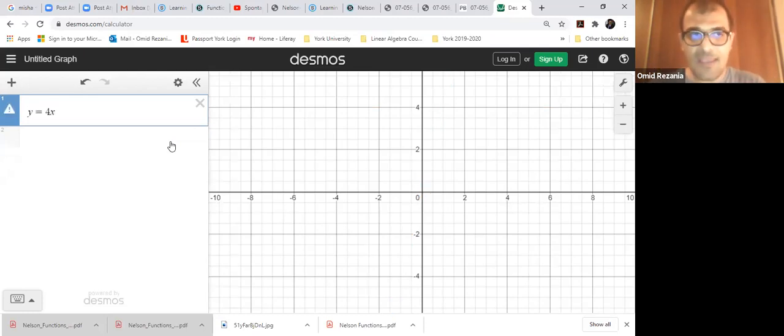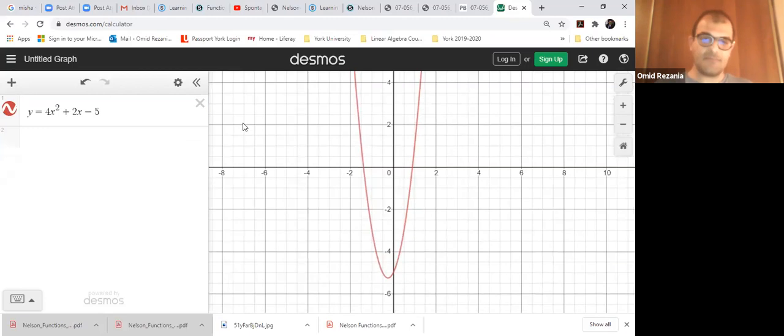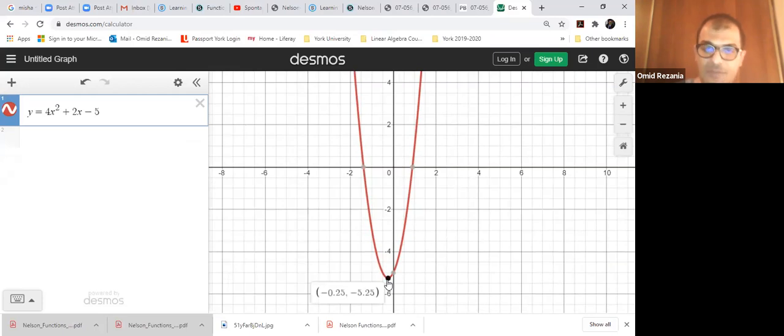I know that the power should be 2 because I'm working with a quadratic function, plus, let's say, 2x minus 5. You see this function which is plotted. This point, minus 0.25, we call the turning point. We're going to talk about what that means tomorrow.